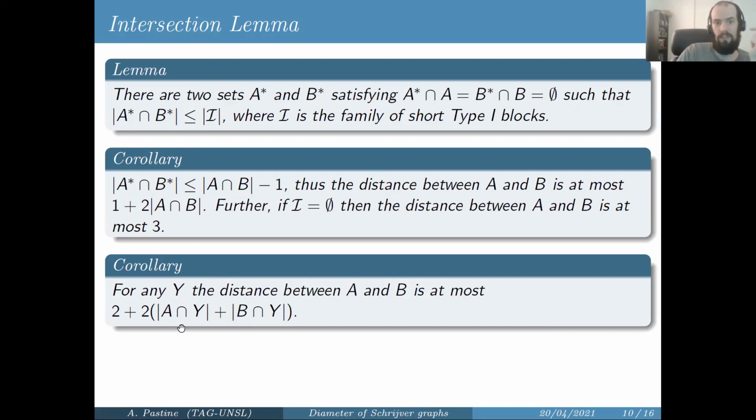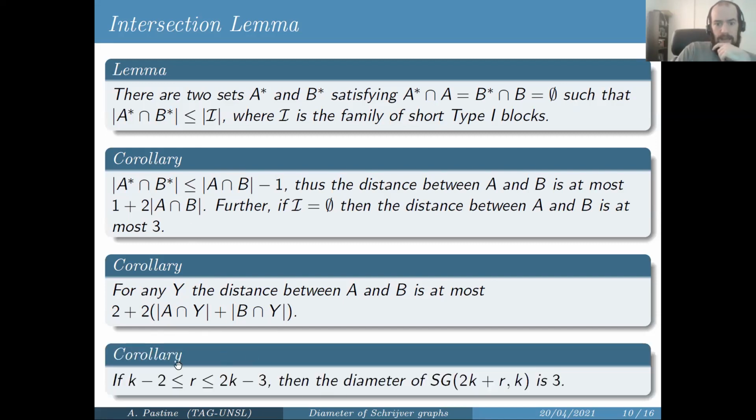That is just applying this corollary for A and Y and B and Y. And the last thing is that, just by counting how many blocks of type 1 we have and their sizes, we directly get that the diameter of SG(2K+RK), when R is between K minus 2 and 2K minus 3, is at most 3. I haven't shown you yet the example of vertices that are not at distance 2, but we get that it's at most 3, and I'm going to show you that example later.